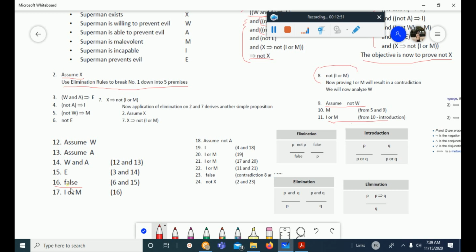We have concluded that it is false. Now we have I or M. From 16, from false we can conclude anything, from the elimination rule. So we have concluded I or M.